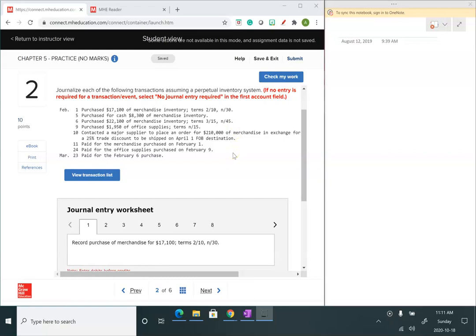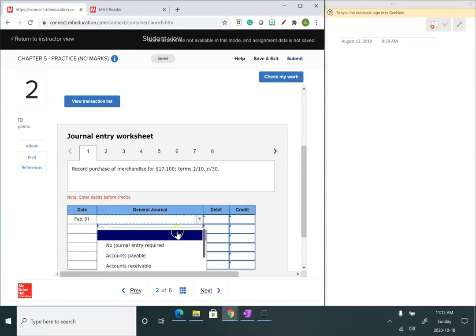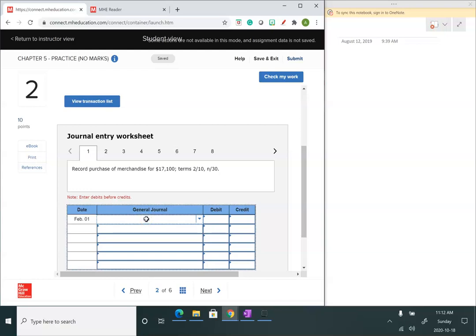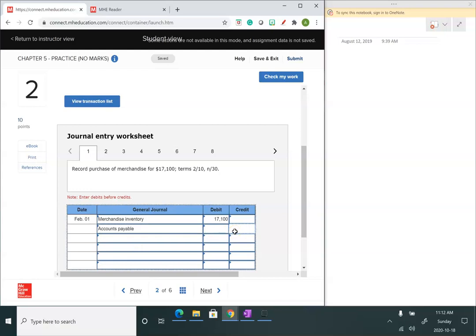Terms are 2/10 net 30. So if we pay in 10 days, we get a 2% discount. Otherwise, we have to pay it in 30 days. So I'll just do merchandise inventory, debit 17,100, and then accounts payable for 17,100.